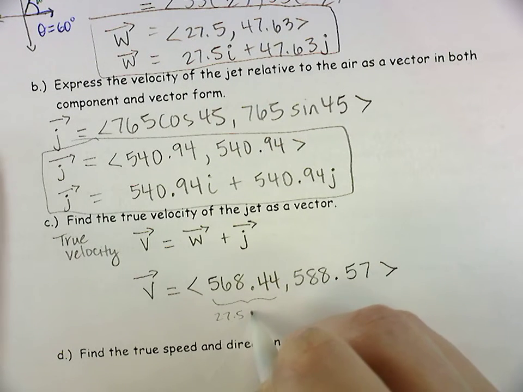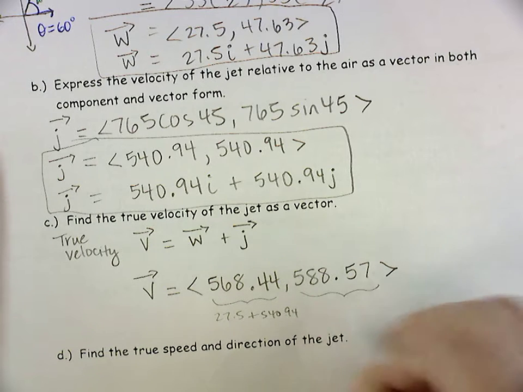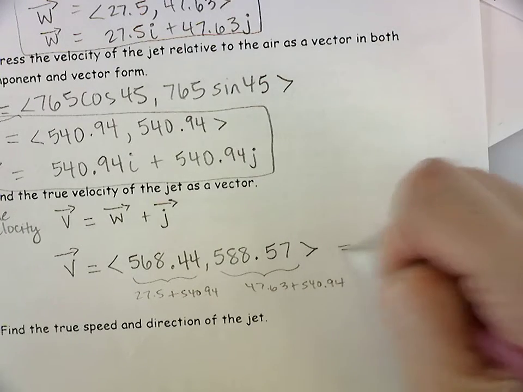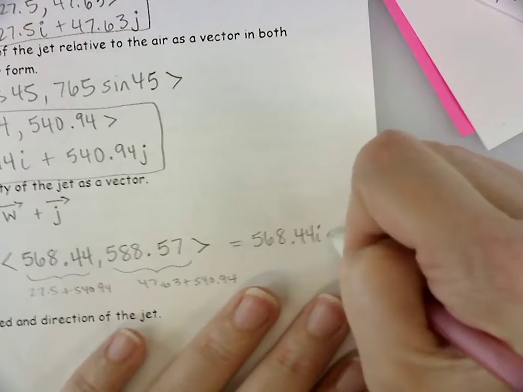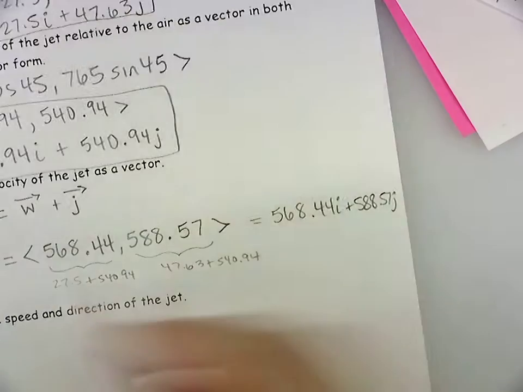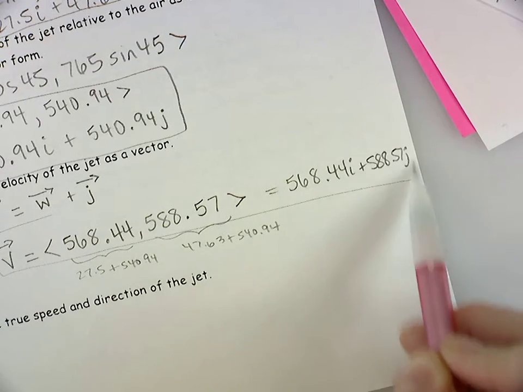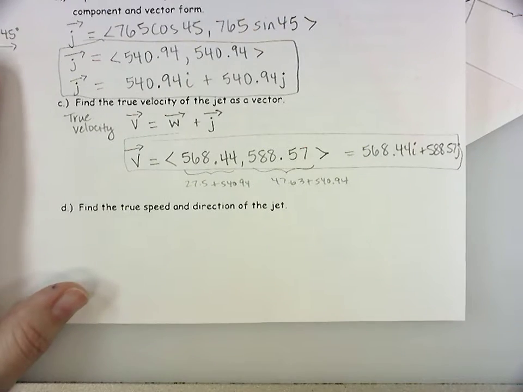The 27.5 plus 540.94. And this is the 47.63 plus 540.94. Okay, and then we'll write it in terms of i and j as well. So 568.44 i, I keep writing these stupid lines on the side. Yeah, they look like absolute value. Oh, gotcha. Definitely not.